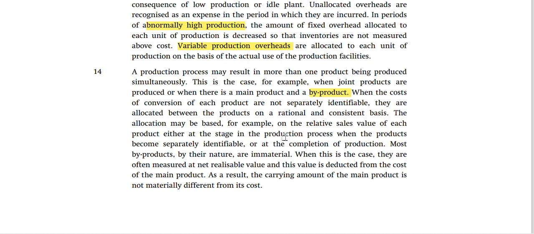In the cases when we have a byproduct, it is normally very small in terms of value when compared with the main products. Therefore, it does not result in the main products being different from its cost, or what it would have been should there be no byproduct.